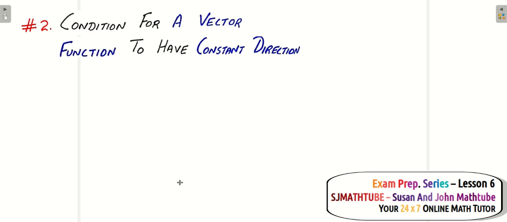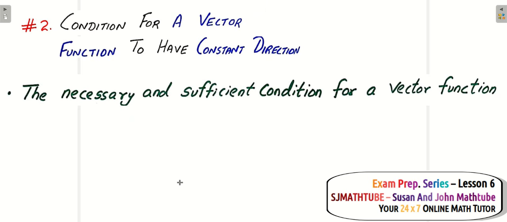Condition for a vector to possess constant direction. Of course, a vector is associated with two things, magnitude and direction. In the first theorem, we were talking about constant magnitude. So in this theorem, we will be talking about constant direction. And the statement also looks similar.